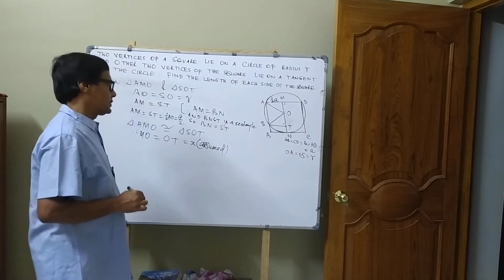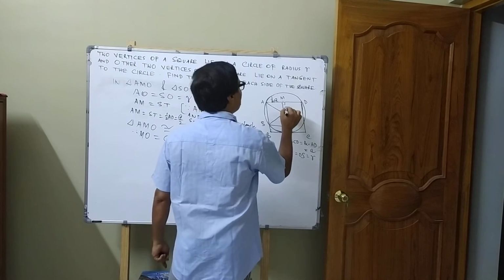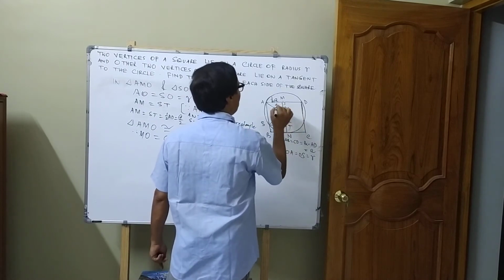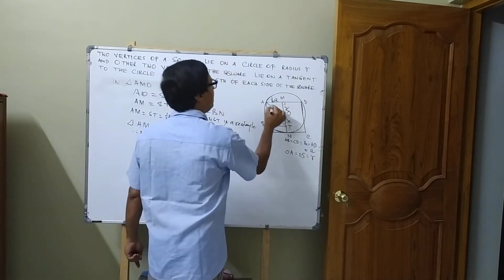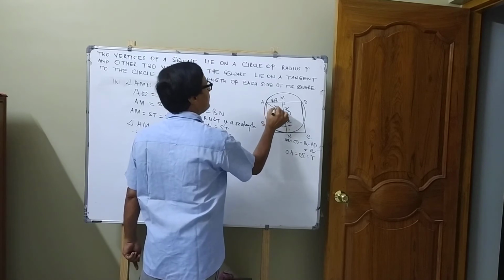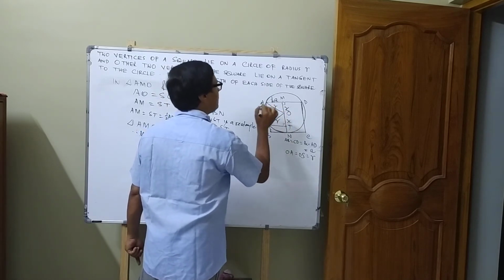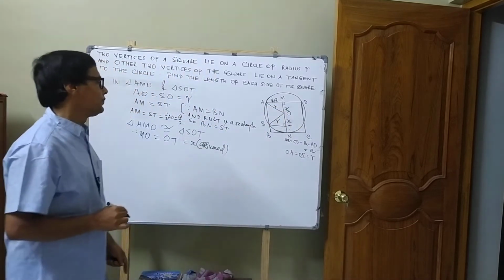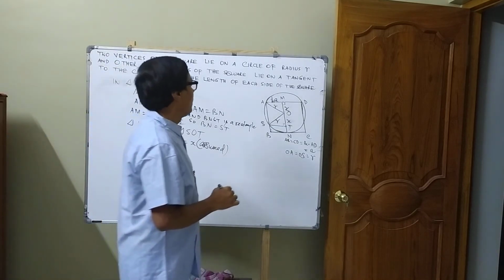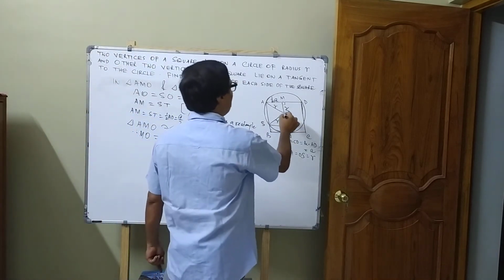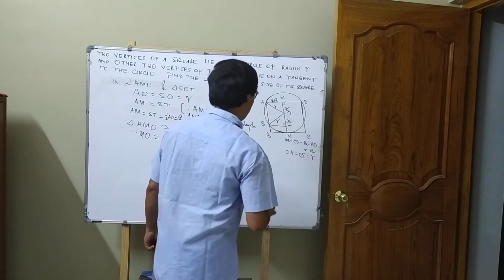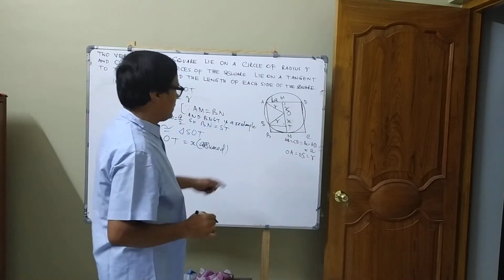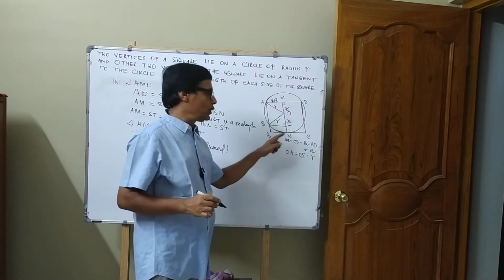These are x, and these are the radius of the circle. This is R, this is R, this is R, and this is R. Now also ON is a radius of the circle passing through the point of contact.